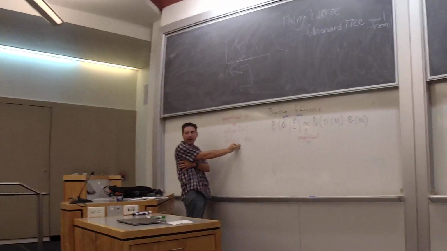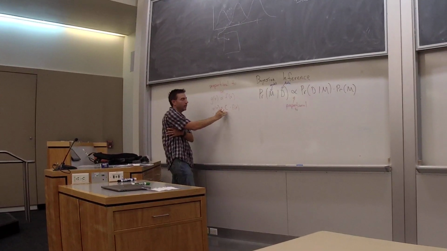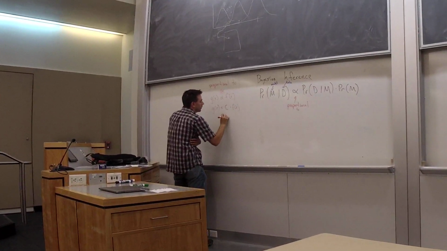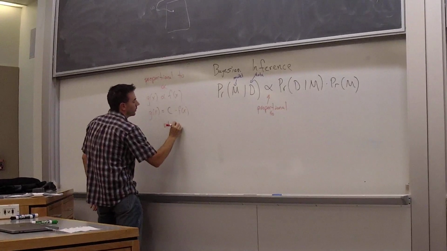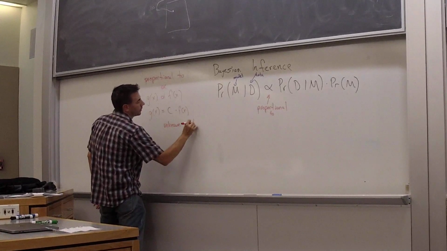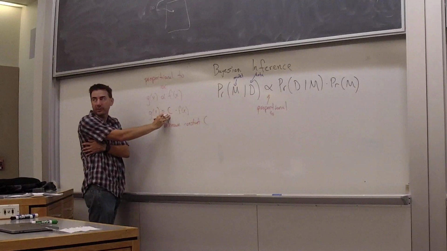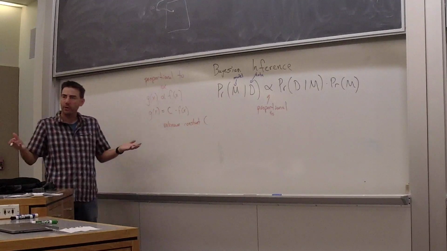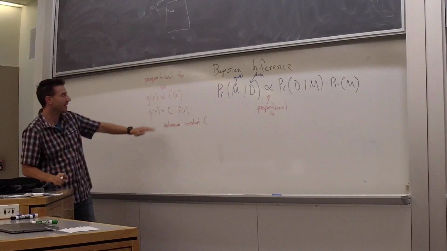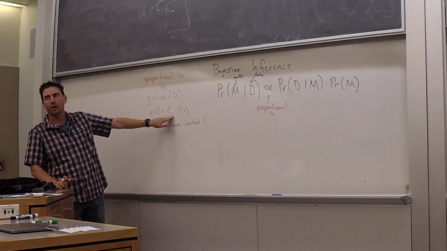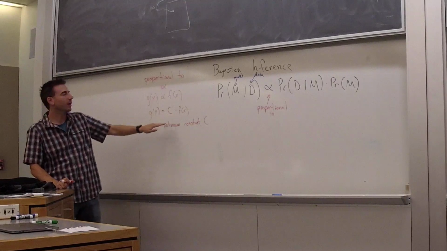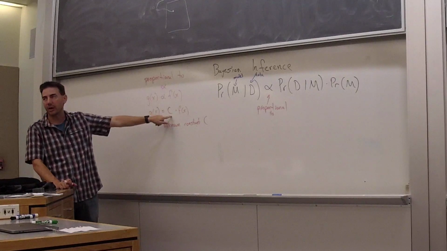There could be this unknown constant c. It's possible it's known, but the point is that it's not needed to know what this constant is. And so I don't have to specify what the constant is.